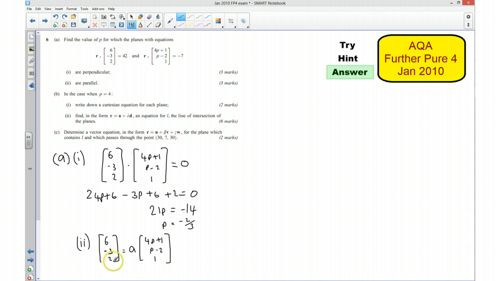Okay, so this is definitely 1 and this is definitely 2, so that tells me that the multiple we're looking for is 2.